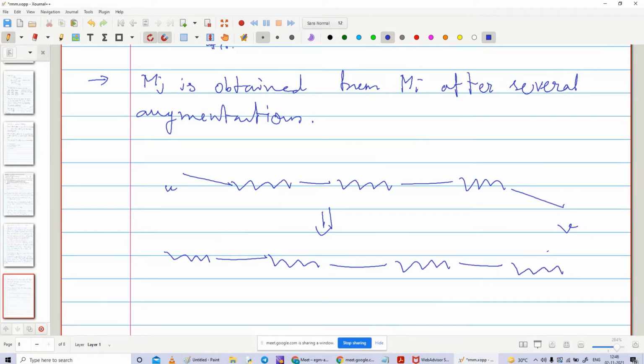That means the vertices which were matched before we augmented also remain matched. Is it clear? So when you have a matching and you apply an augmenting path, the vertices which were matched before the augmentation will remain matched after the augmentation.